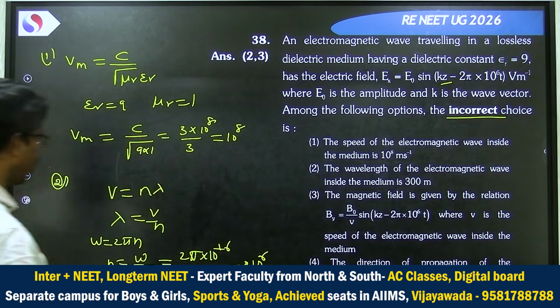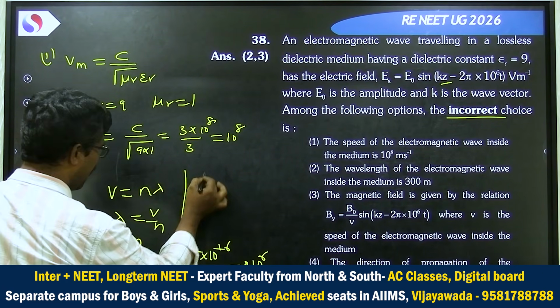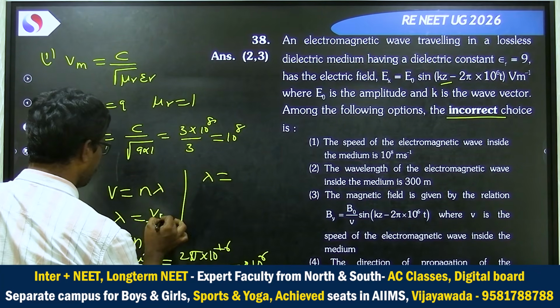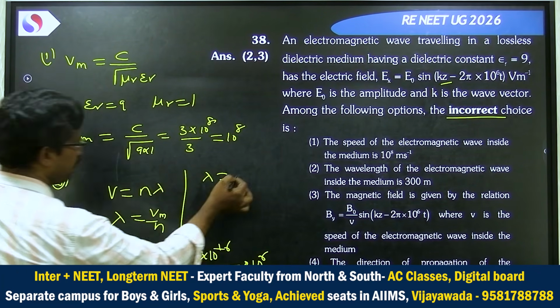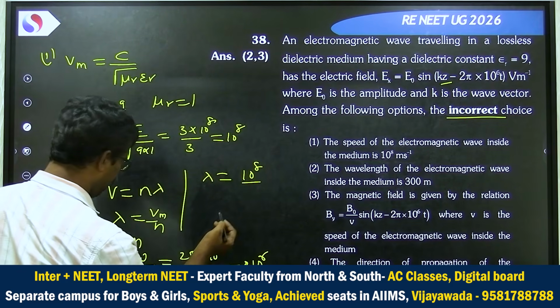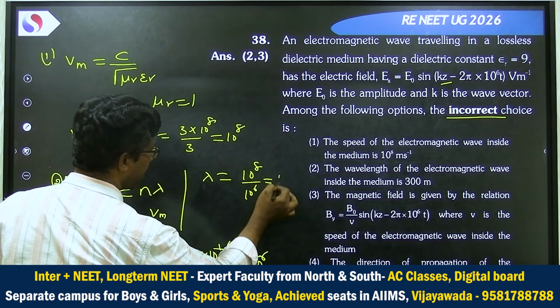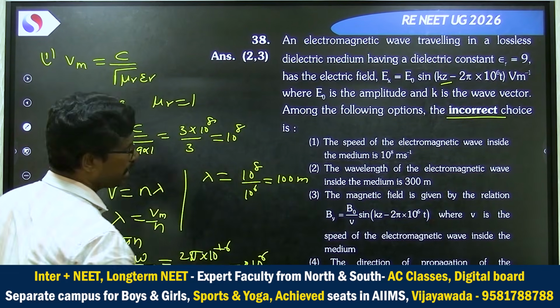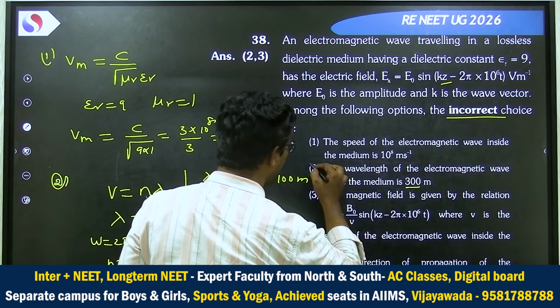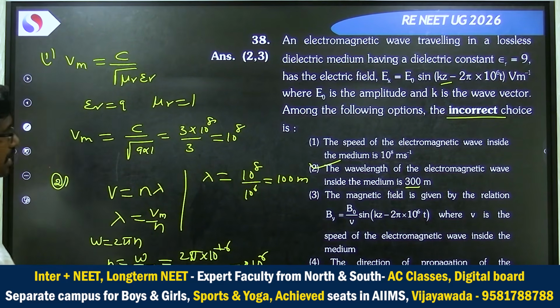The wavelength lambda is the velocity in the medium, 10 power 8, divided by the frequency 10 power 6, which gives 100 meters. The given answer is 300, so this is wrong, and we have to pick the incorrect answer. This is the second one.